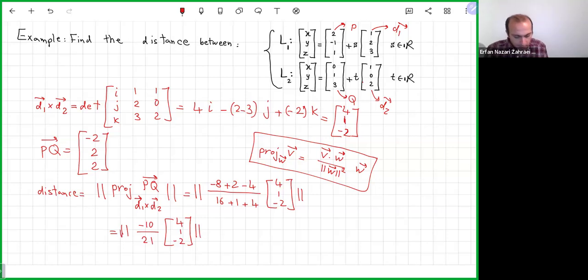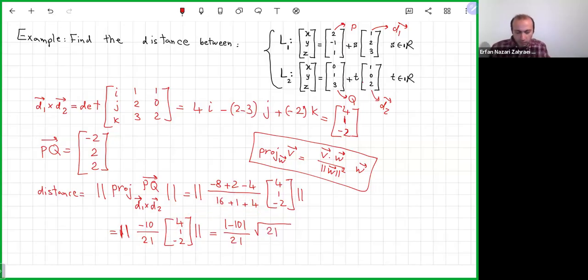For the scalar that I have, I need to take the absolute value, so the absolute value of negative 10 over 21, and the length of this vector. The length of that is the root of 4 squared plus 1 squared plus negative 2 squared. It's basically what I computed before, which I computed as 21.